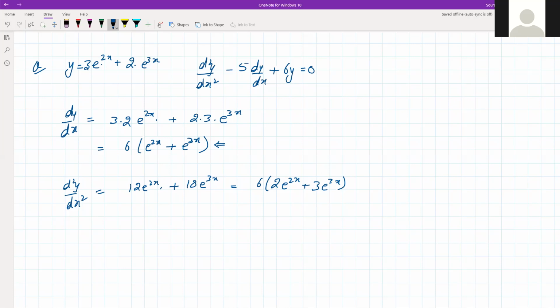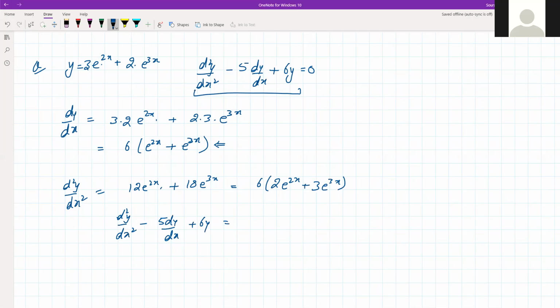Now what do we have to do? We have to prove this. So now we have all these unknown quantities: d square y by dx square, dy by dx, and we also have y. So now just substitute that. So d square y by dx square minus 5 dy by dx plus 6y, what is this equal to?